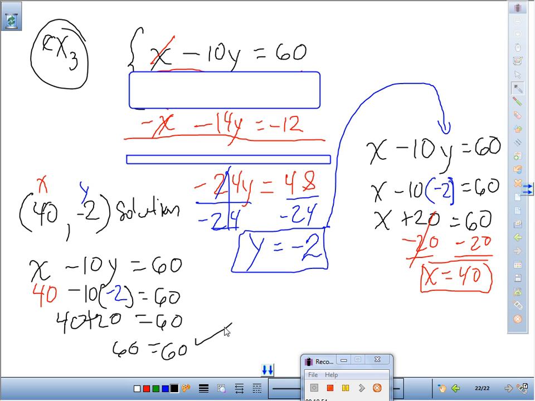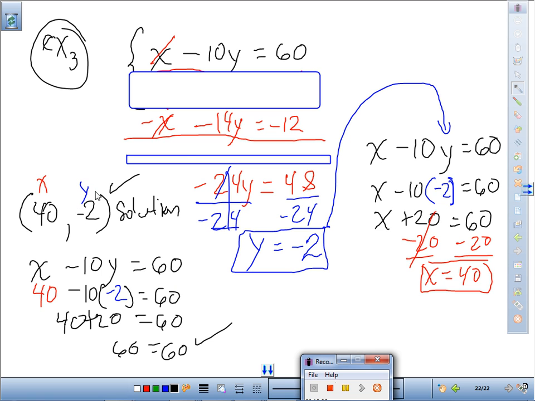Okay? Now, I'm not asking you to write a statement on this one. But I do want you to understand, what does this mean? Think about it. Why is this a solution to the system? Tell your neighbor, why is that a solution to the system?